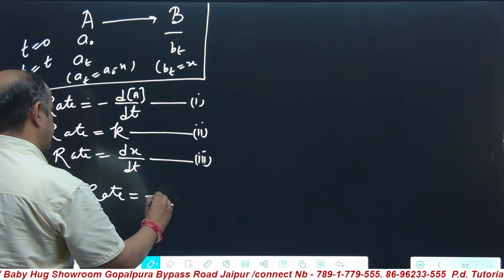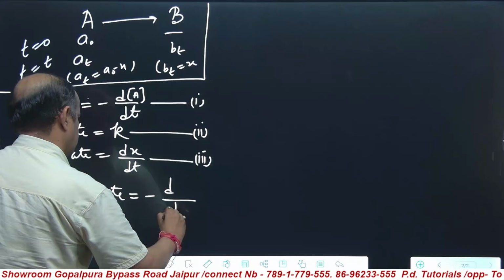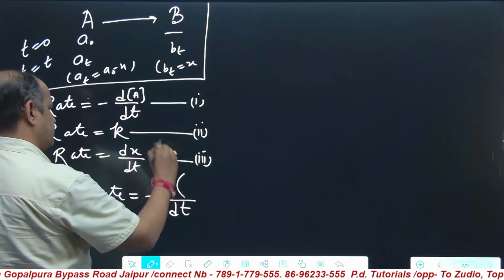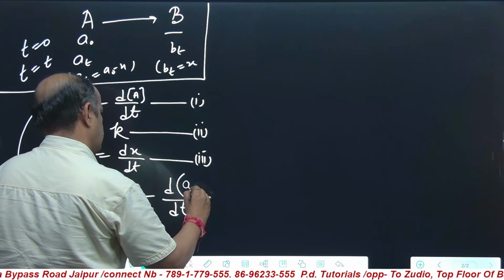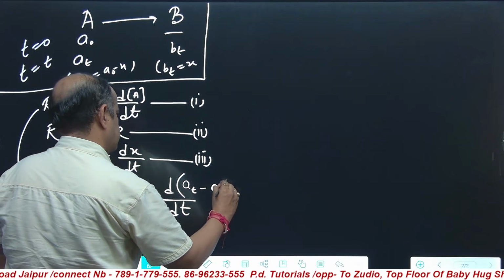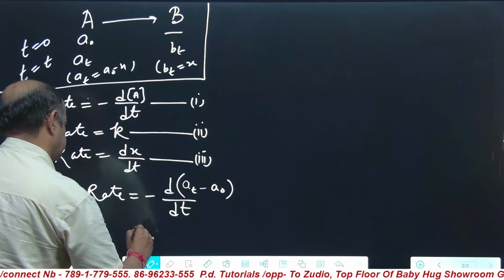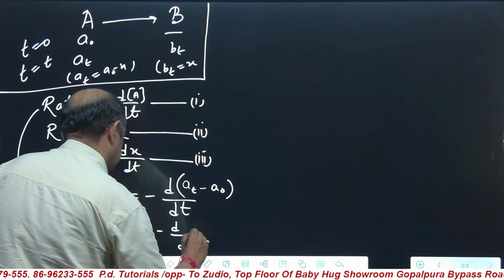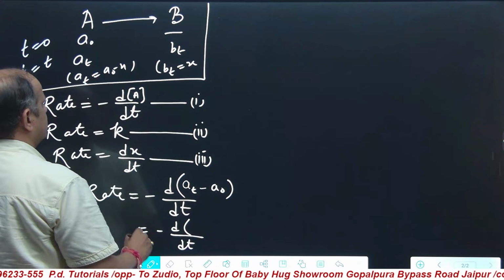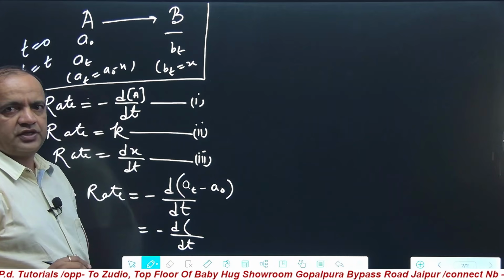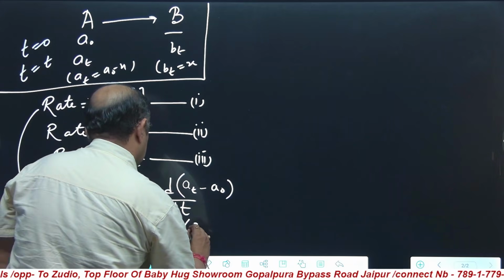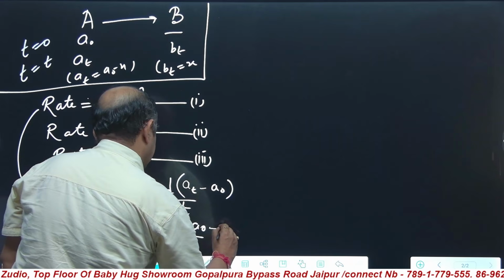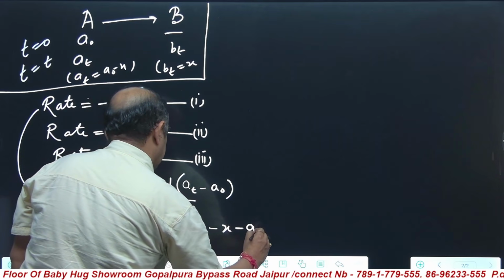Rate equals minus d by dt of A. What is A? At minus A0, as we studied in the first chapter. What is At? Concentration of A at time T. This equals A0 minus x minus A0.